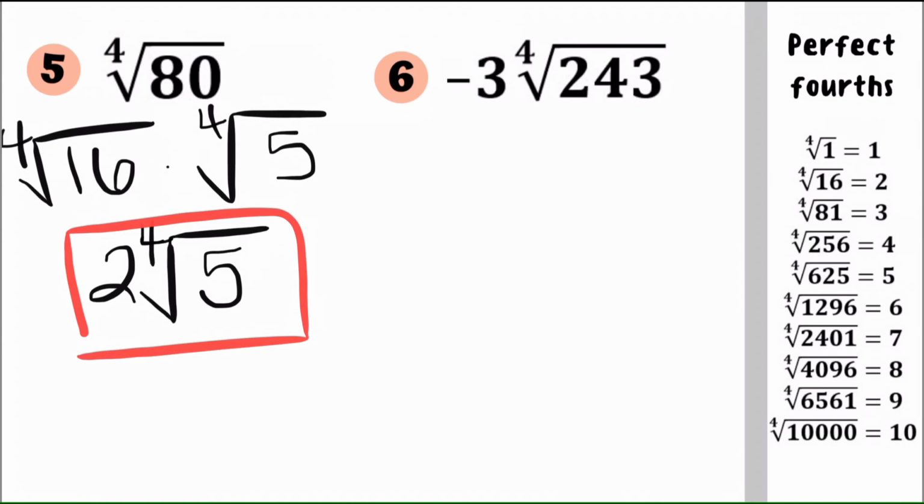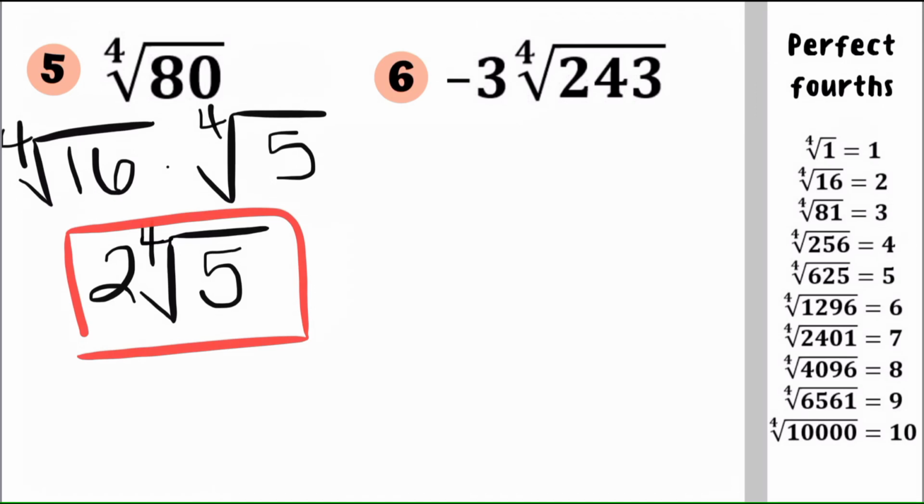Number 6, negative 3 fourth root of 243. So I have a larger number again, 243. I need to look for the factors of 243, to see if any of them are perfect fourths. So 243, I can rewrite that as the fourth root of 81 times the fourth root of 3, because 81 is a perfect fourth.